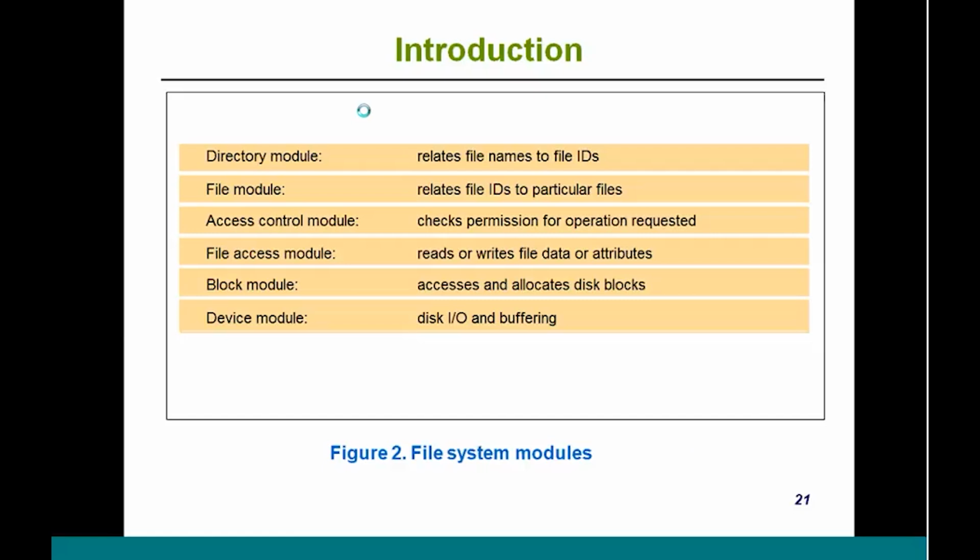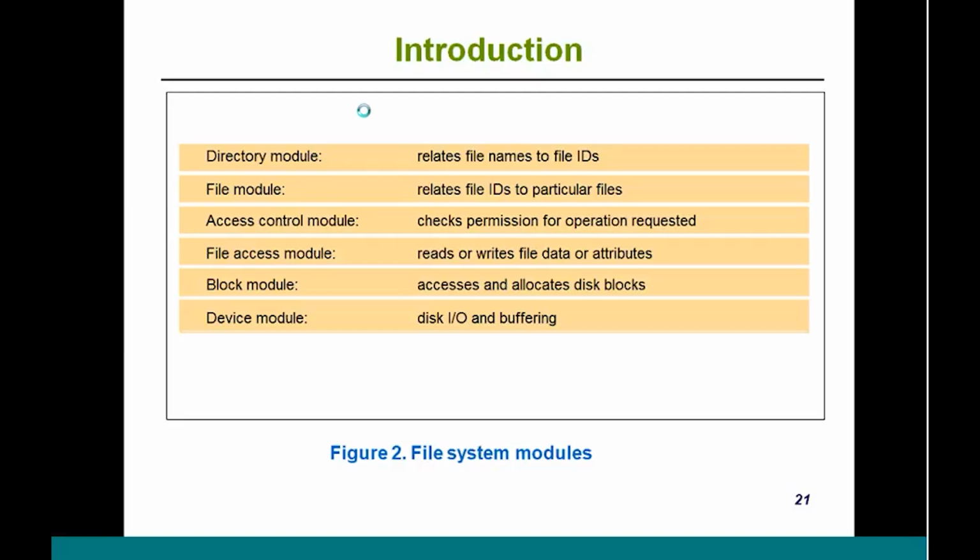So it's kind of the same as a DNS resolver that we can think of. The file module itself relates the file IDs to particular files. The directory module can also have the directory names associated with it.